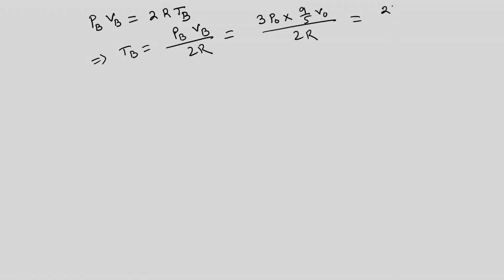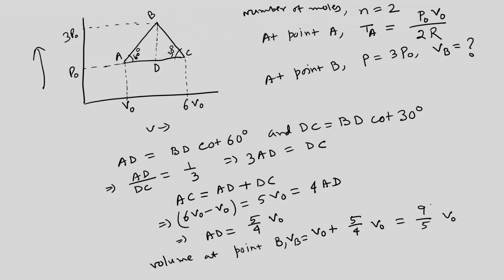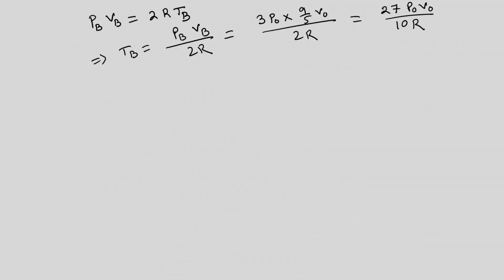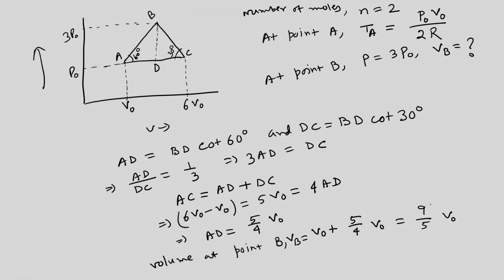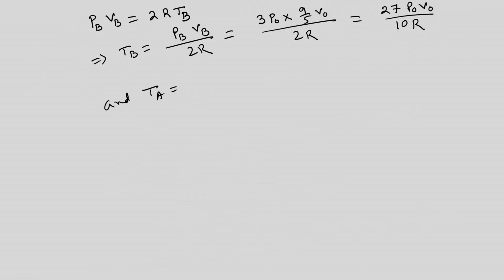So, we get 27 P naught V naught by 10R. So, this is the value of TB, and what is the value of TA? Temperature at point A is P naught V naught by 2R.